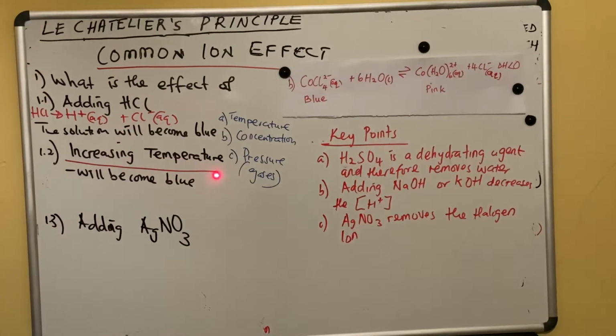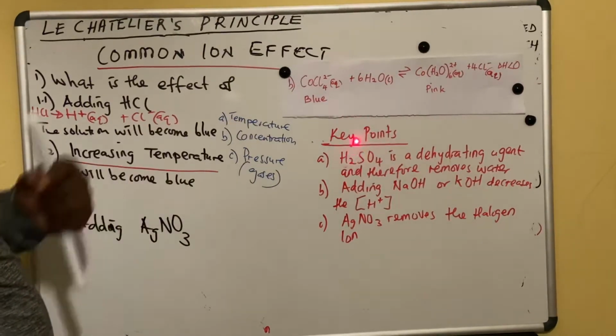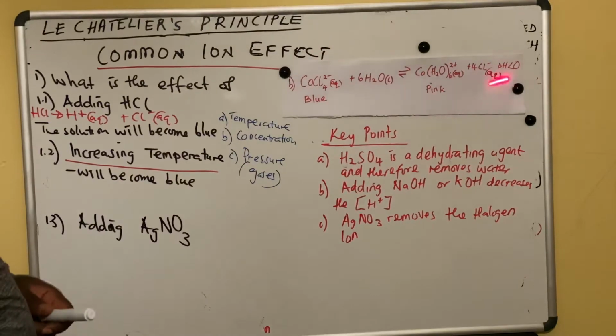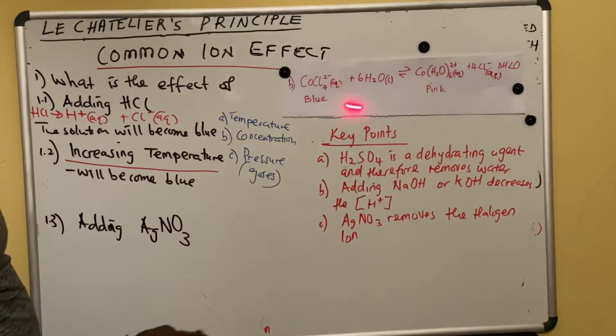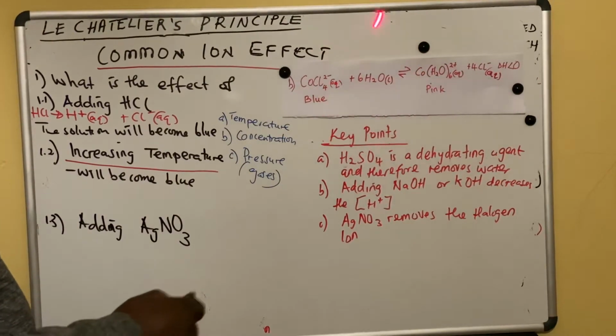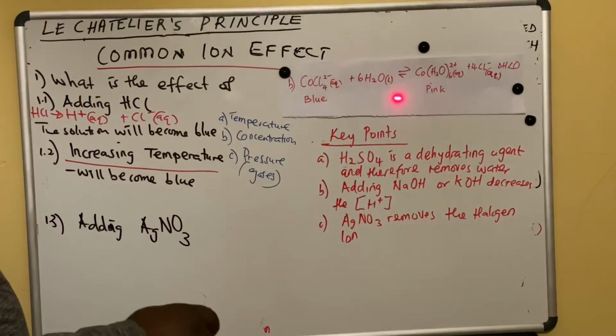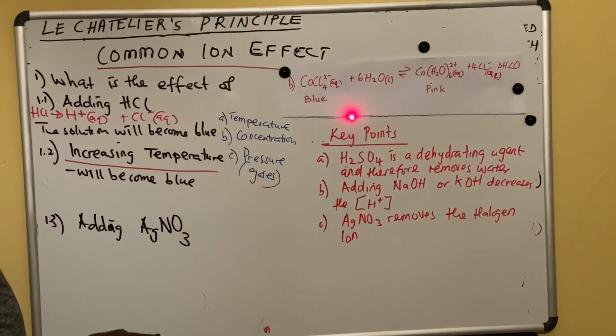If we increase the temperature, the system will try and absorb heat in order to reduce the temperature. So which reaction between the two, the forward and the backward, absorbs heat? It is the endothermic, the backward reaction. Therefore, it is the one that is going to be favored. So the solution is going to change to become blue in color. I hope that is okay.